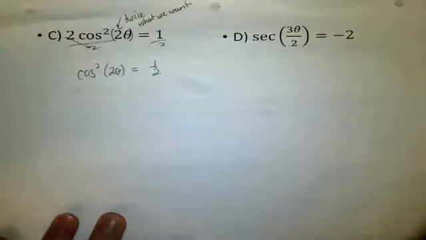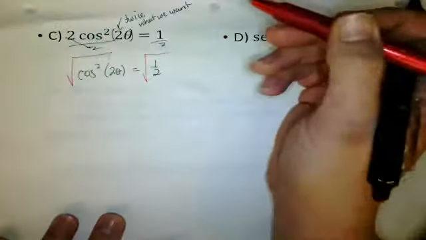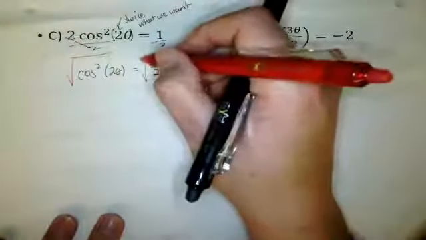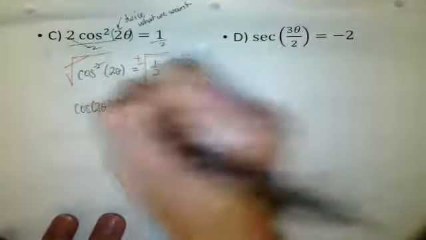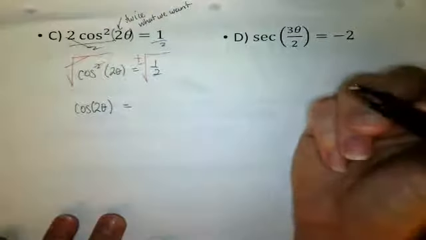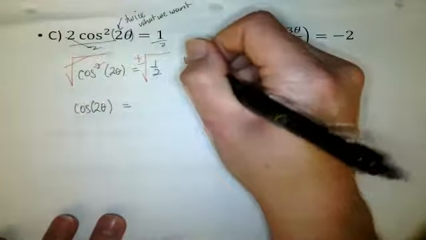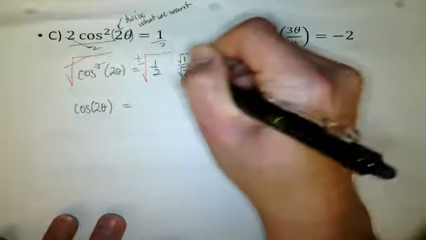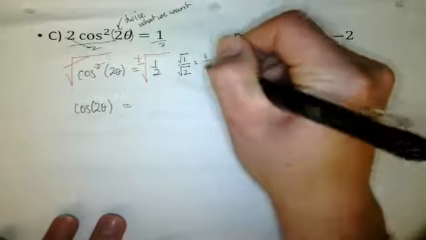And then what do we need to do? Square root both sides. Don't forget plus or minus. The square root and square cancel out. So we have cosine of twice our angle is equal to square root of 1 over square root of 2. 1 over radical 2.